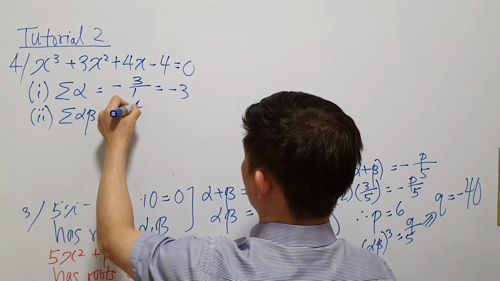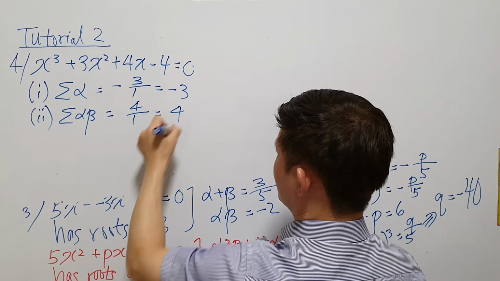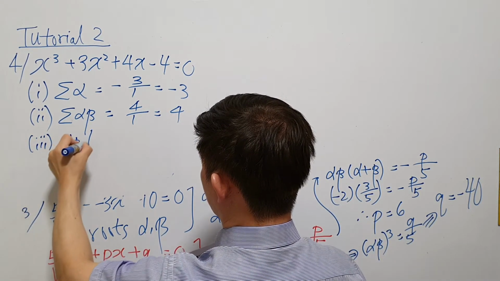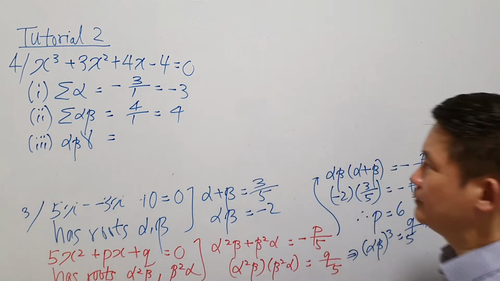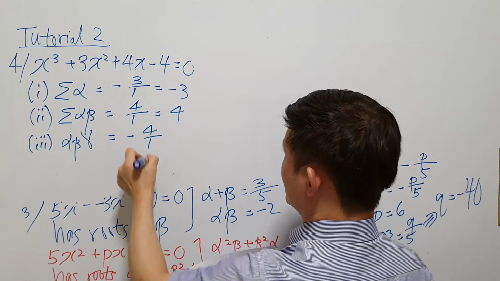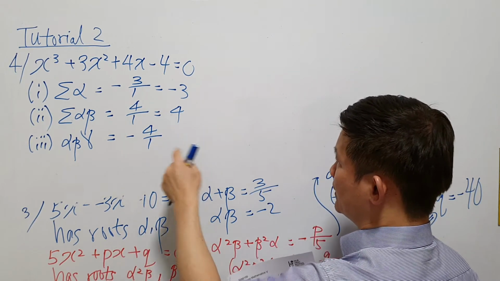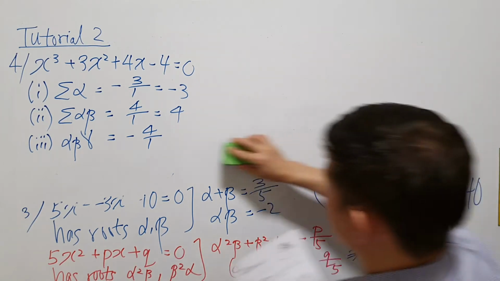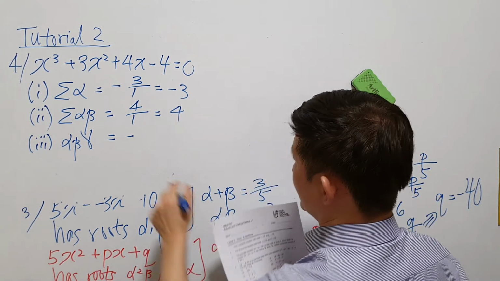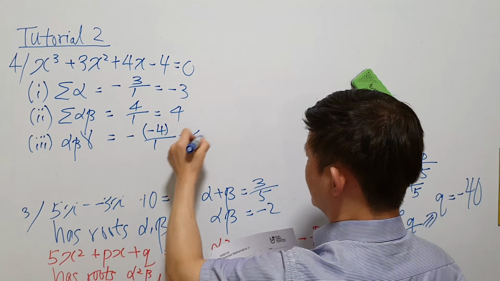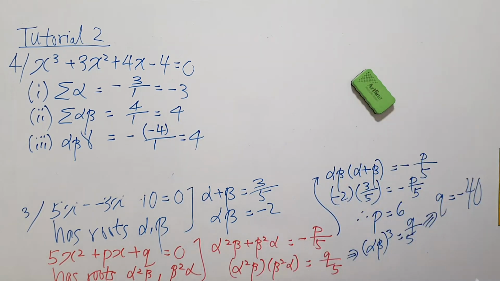So it's 4 over 1, so it's just 4. And thirdly, you have alpha beta gamma. This is minus, I made a mistake, minus of d over a. So it's 4. So that's my parts 1, 2, and 3.